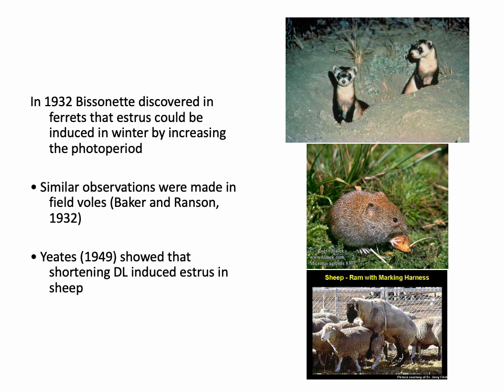And this was the first time that this was demonstrated, the photoperiod having a direct effect on reproductive physiological cycles. Similar observations were made that same year in field voles. Yates, sometime later, showed that shortening day length induced estrus in sheep.